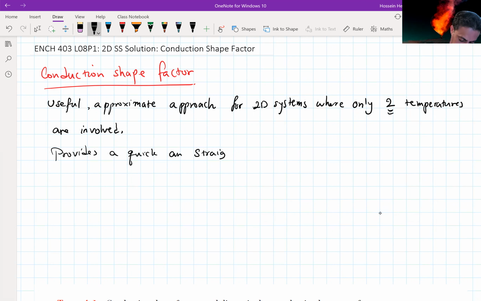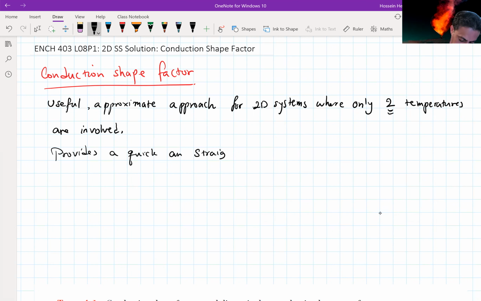Here, the S value is what we call the conduction shape factor, and 1 over kS is equivalent to the thermal resistance to conduction for this 2D system.